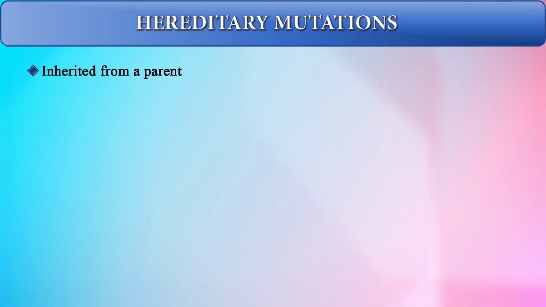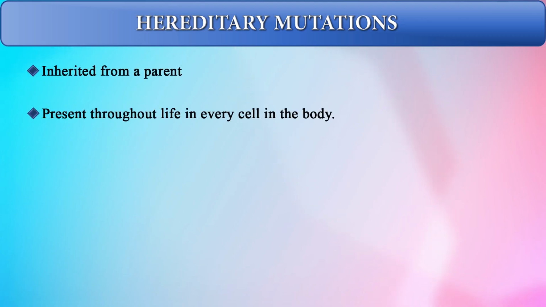Hereditary mutations. These are inherited from the parent and they are present throughout life in every cell in the body. Sometimes we will see that a child has a natural intellect and natural interest in music because maybe the musical genes or the artistic genes are coming from the parents or from the grandparents.